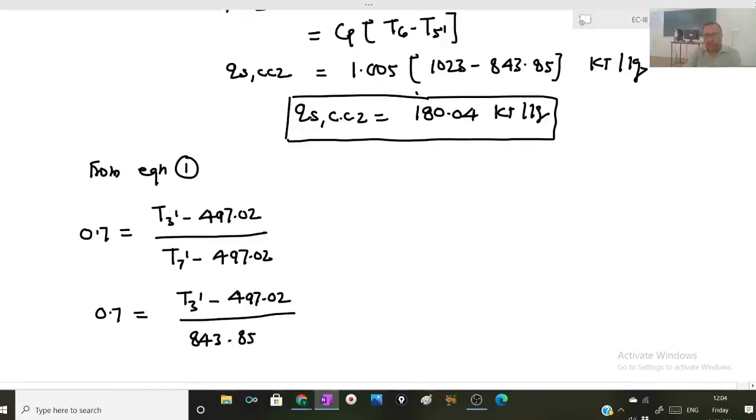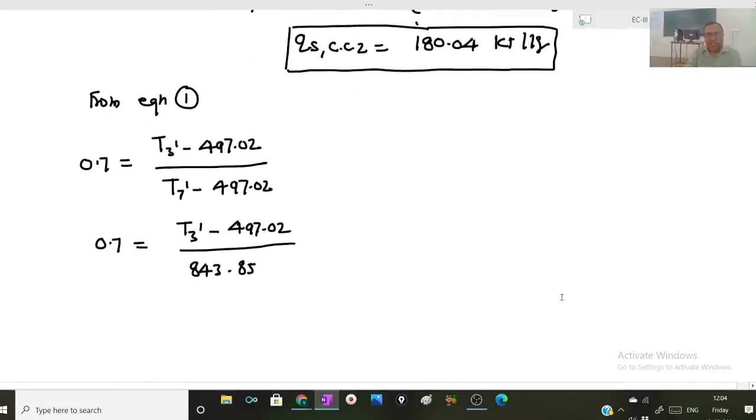So from here the value of T3 dash I will get as 731.62 Kelvin.